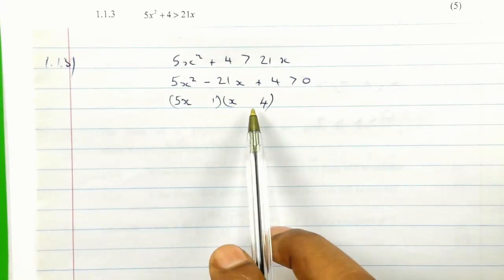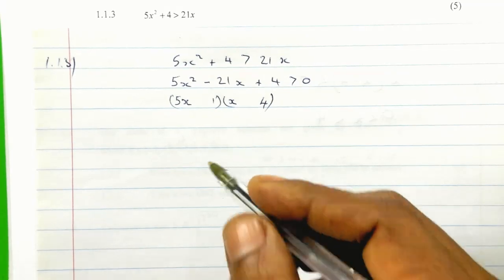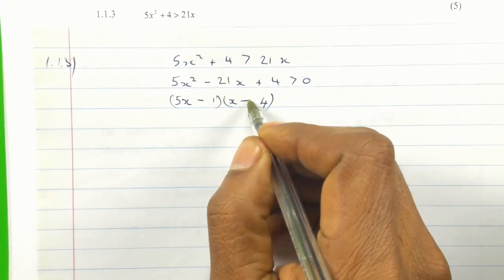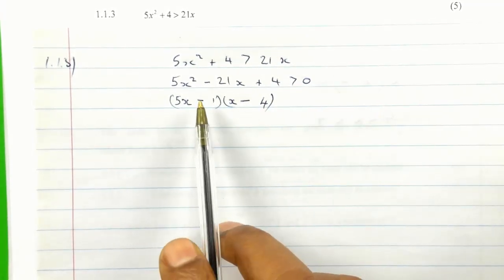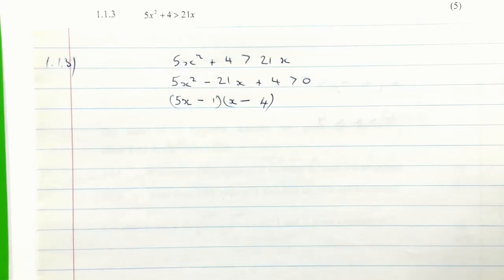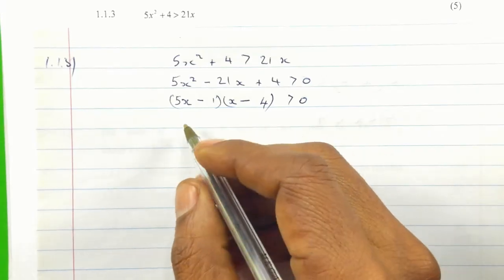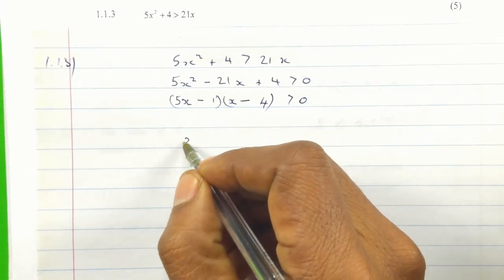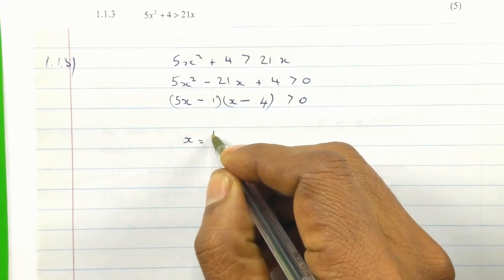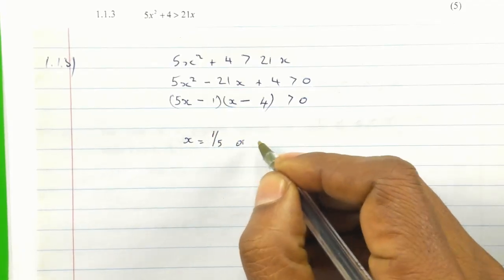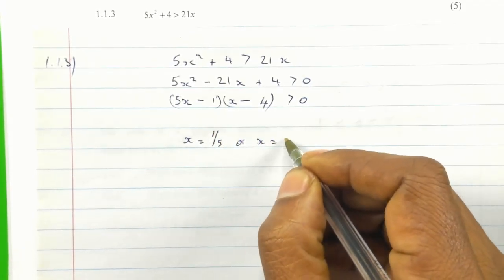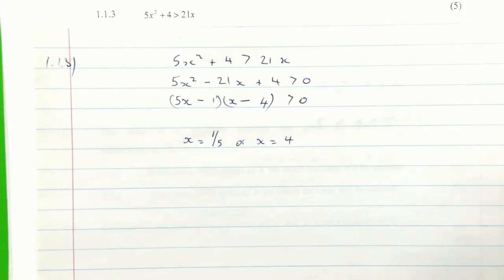For me to multiply 2 brackets to get a positive, I get a negative and a negative. Because those 2 negatives, when they add, they must give me that. You are done. Right. Without talking, I would have long arrived at x is equal to 1 over 5 or x is equal to 4 as my critical values.